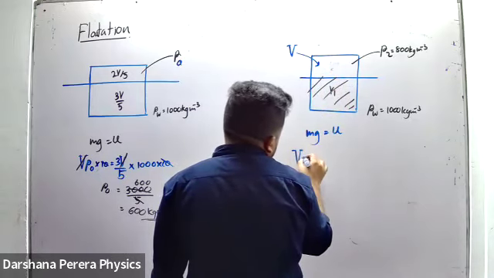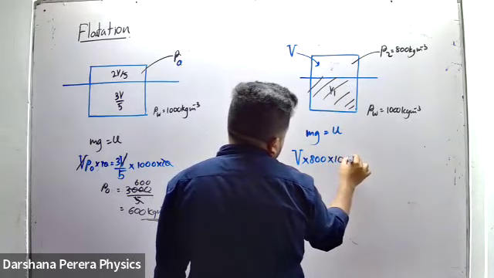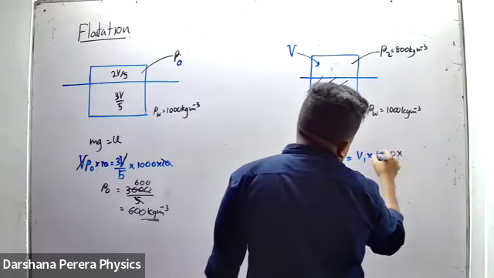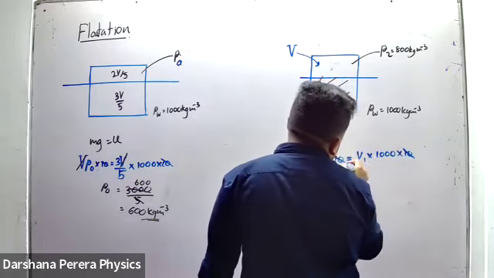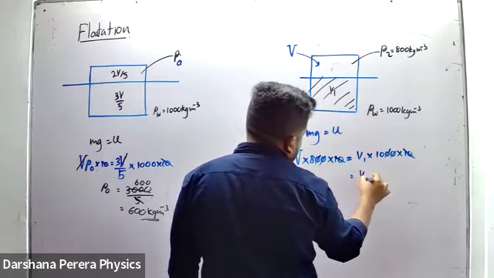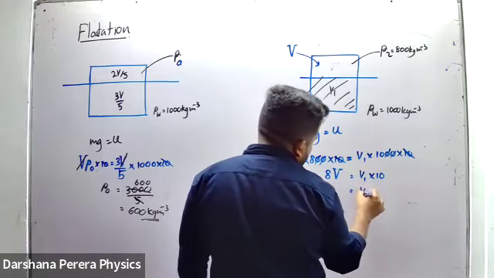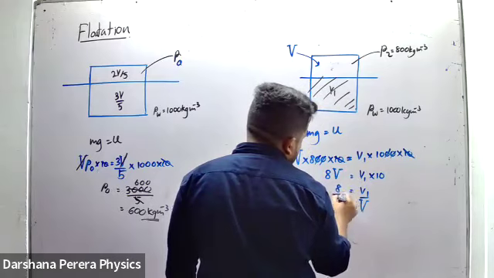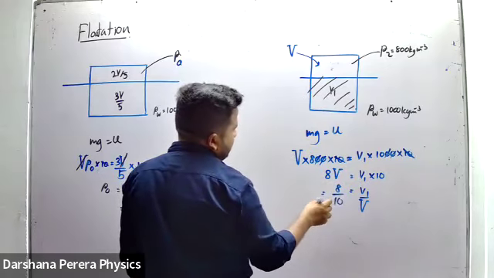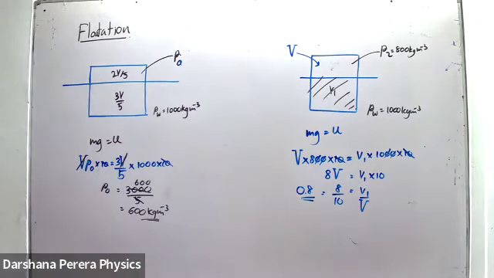Mg means total volume into 10 equals v1 into 1000 into g. v1 into 10, 8 into v. v1 over v equals 8 over 10. That means 0.8. Ratio is 0.8.